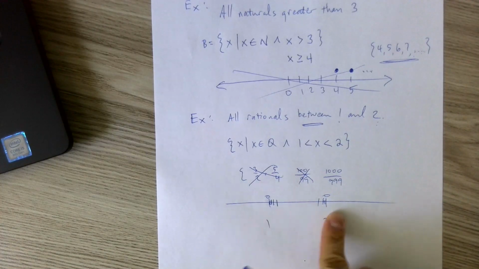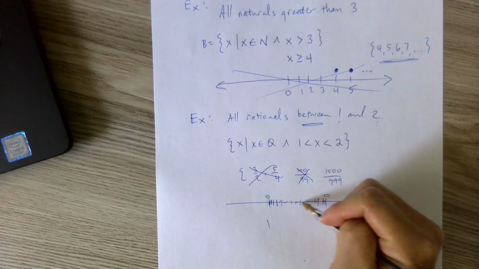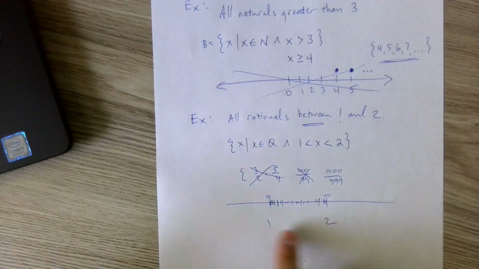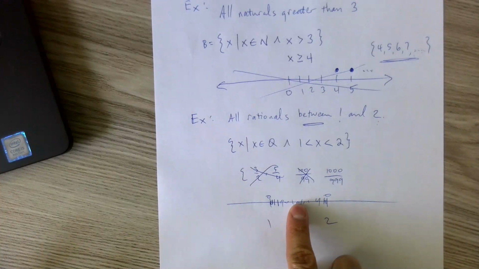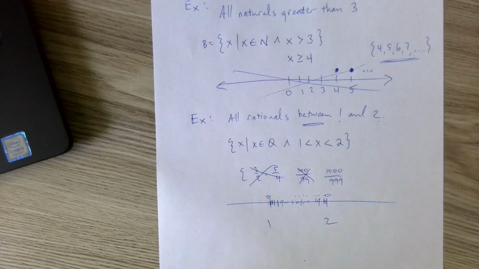And you can also not graph it, as you can see, because there are an infinite number of rational numbers between 1 and 2, and it's impossible for me to list them or graph them using dots, right? I can't use the dots because between any two dots, I could find another dot.